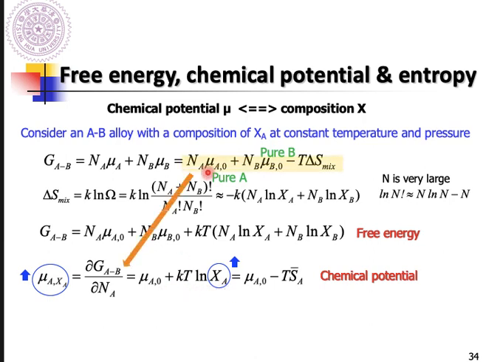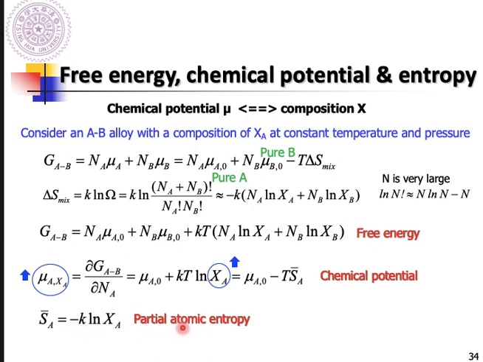We can also take this term and differentiate it partially with respect to NA, and you will get this result: mu A0 minus T SA bar. SA bar is what people call the partial atomic entropy. Compared with this term, the partial atomic entropy can be expressed as minus K log XA.